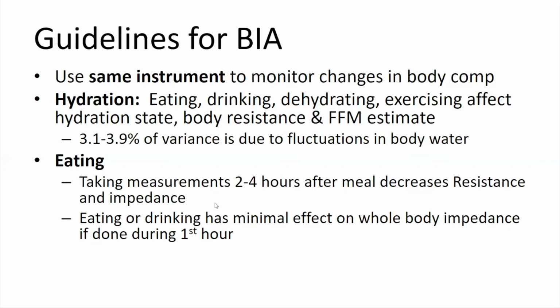However, if you've eaten or drank a lot 2 to 4 hours prior to doing this method, it would affect the resistance and impedance because whatever you've ingested would have been absorbed from your GI tract. So this is what this bullet point is saying, that eating or drinking immediately prior to the test, so within the first hour, would have minimal effect, versus measurements taken 2 to 4 hours after a meal would decrease the resistance and impedance.